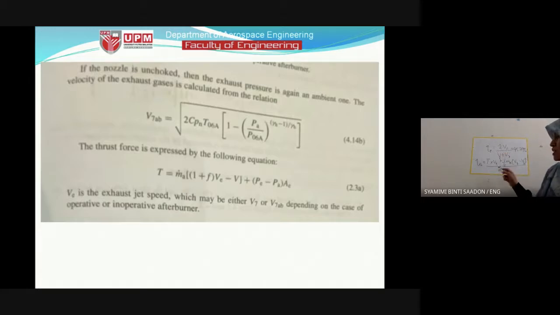So this is the thermal efficiency equation in chapter 2. So thermal efficiency is 60.36%. In the end, overall efficiency is propulsive multiply thermal. So we have the overall efficiency, 27.75%.